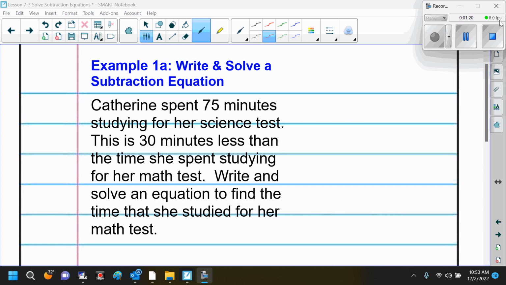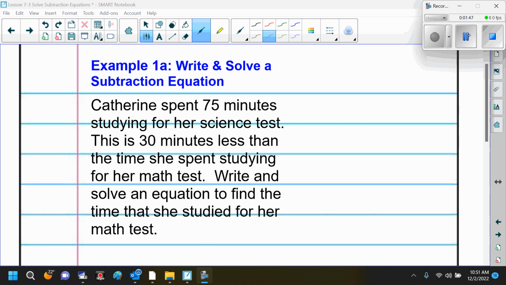So for example 1, we want to write and solve a subtraction equation. It says, Catherine spent 75 minutes studying for her science test. This is 30 minutes less than the time she spent studying for her math test. Write and solve an equation to find the time that she studied for her math test. So, first thing I want to do is define my variable.